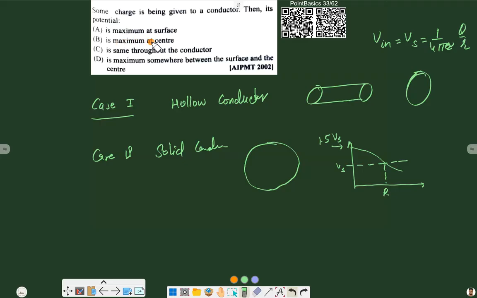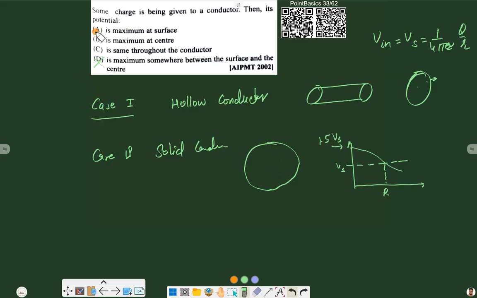But if we assume a hollow conductor, the potential is equal at every point. So maximum at surface, option A, and option C, same throughout the conductor. These two conditions are satisfied. And option D is never going to be satisfied, that it is maximum somewhere in between. There is no maximum somewhere in between, so option D is wrong.